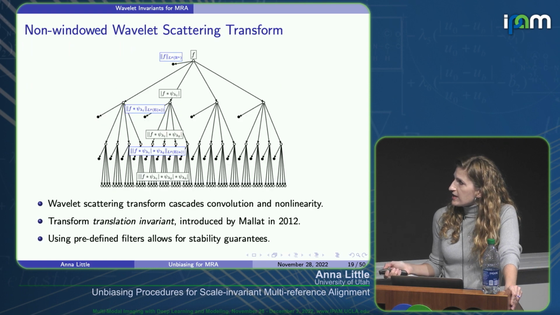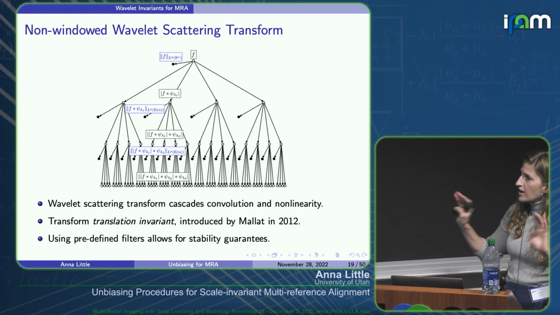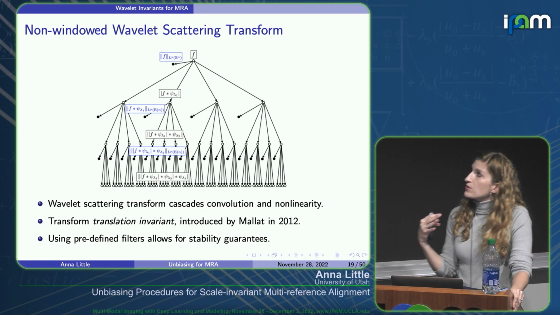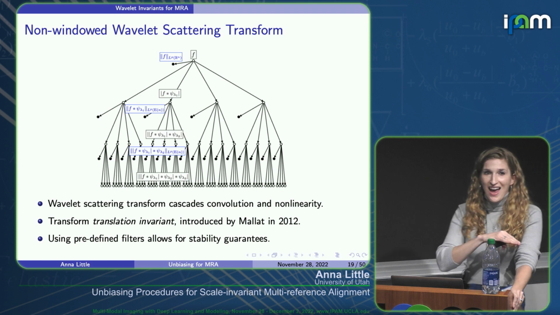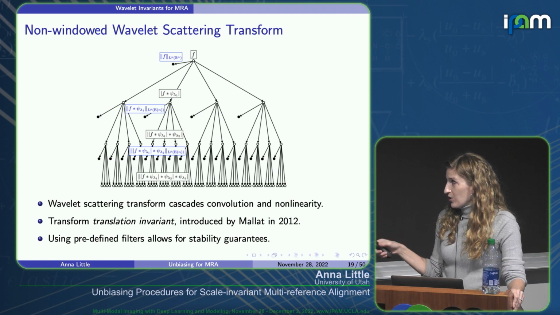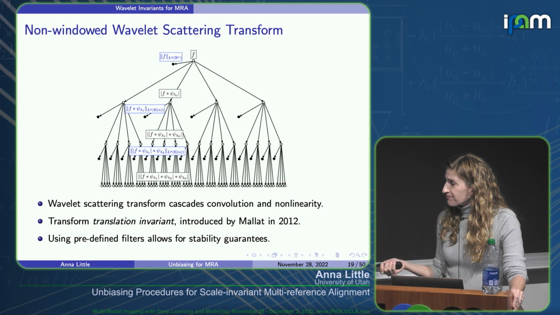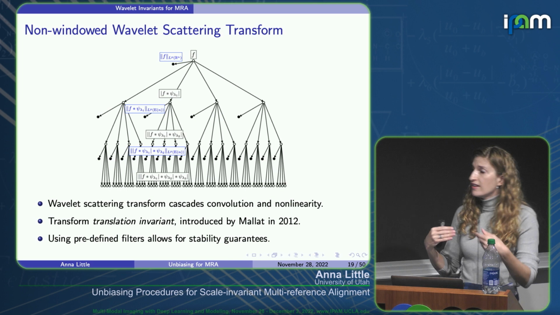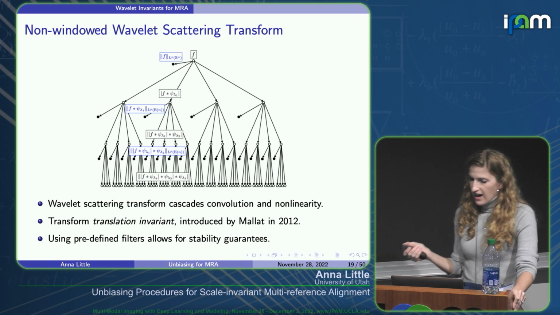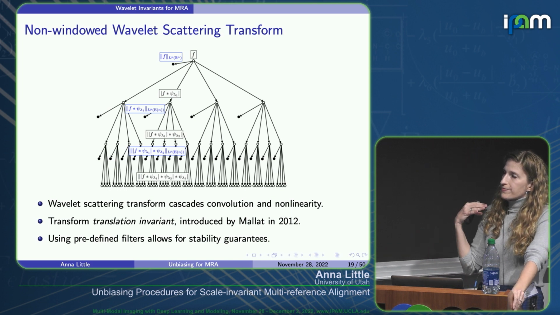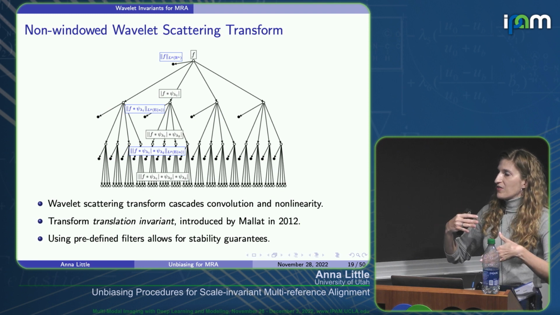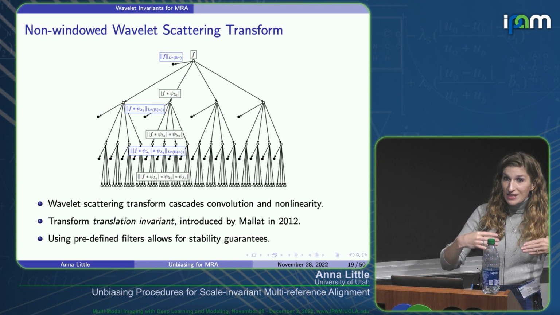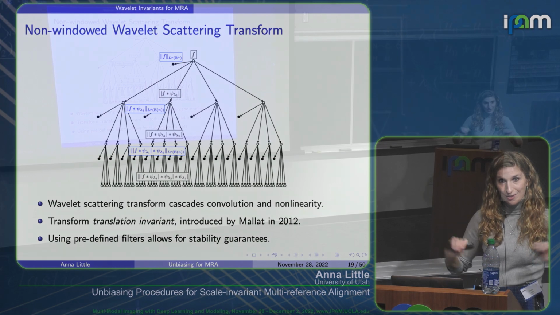To put this into a broader context of other research along these lines, you can view these features as the first layer in a non-windowed wavelet scattering transform. Wavelet scattering transforms essentially cascade convolutions and nonlinearities, similar to a convolutional neural network, but they use predefined filters instead of learning the filters from data.